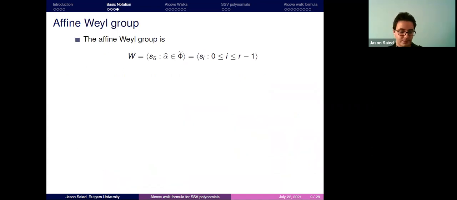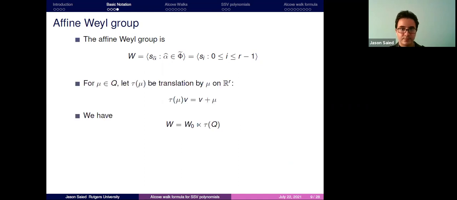So as I already alluded to, we'll just think of our affine Weyl group as being the reflections in all of these affine root hyperplanes. And we'll think of it mostly as a Coxeter group generated by the s_i, the reflections in the simple roots. Of course, we have the usual alternative presentation of the affine Weyl group as translations by elements of the root lattice, semi-direct product with the finite Weyl group.